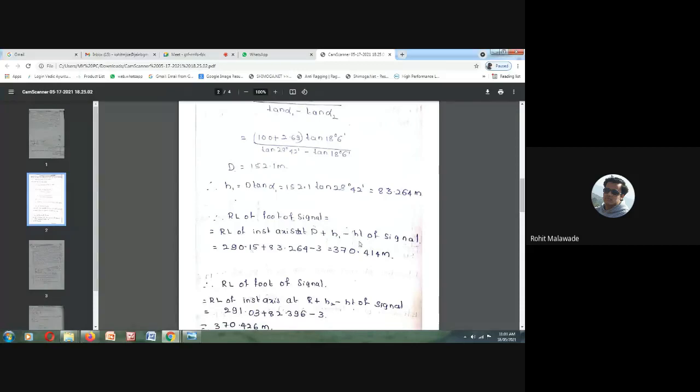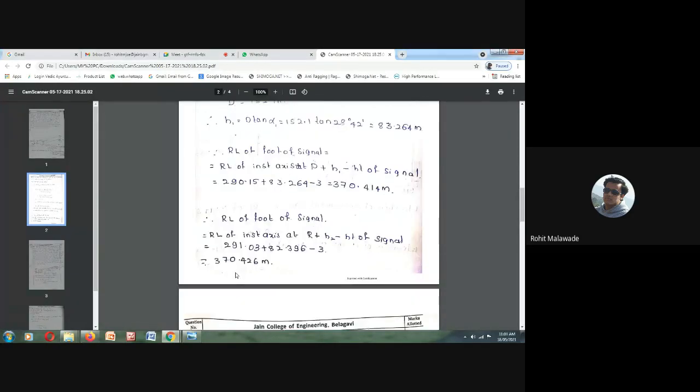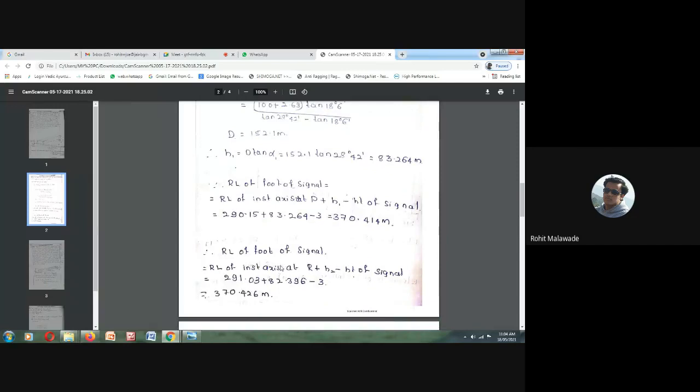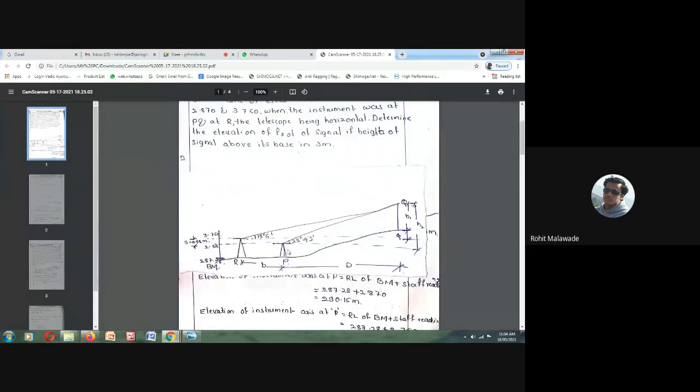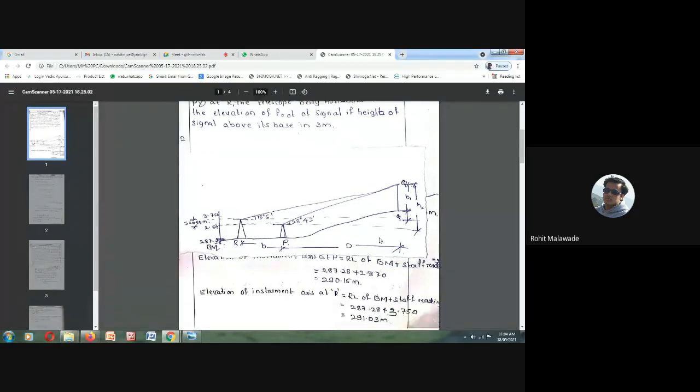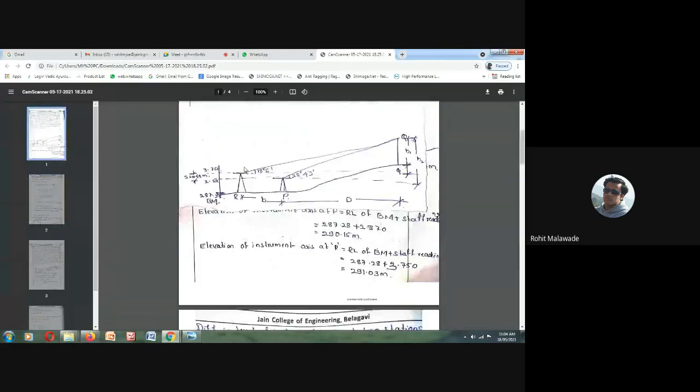So this is the RL at the point P. Now, the RL at the foot of the signal. From this particular point, what is the difference in height? So now we want the RL of point R, then the height of this.